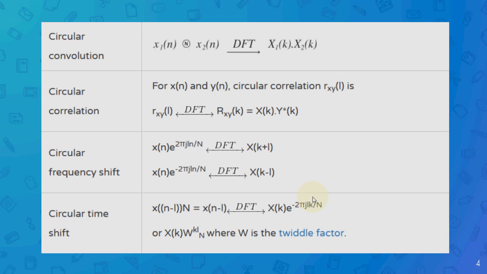Circular time shift property: x of n minus l modulo N has the DFT X of k into e raised to minus j 2 pi k l divided by N, or X of k into the twiddle factor, that is X of k into W of N raised to k l, where W is the twiddle factor.